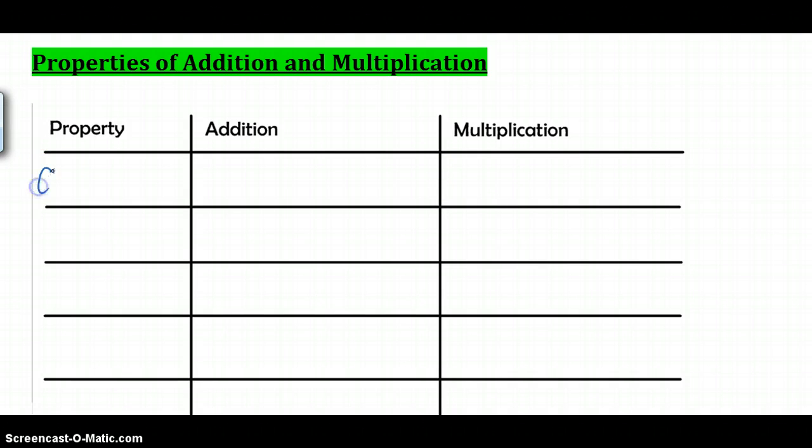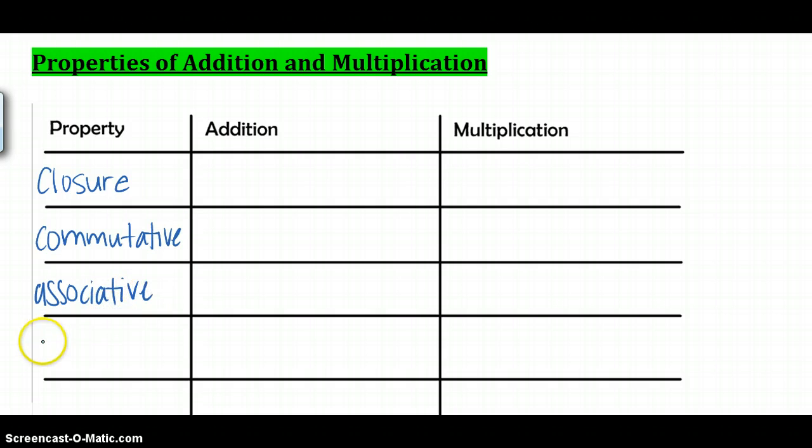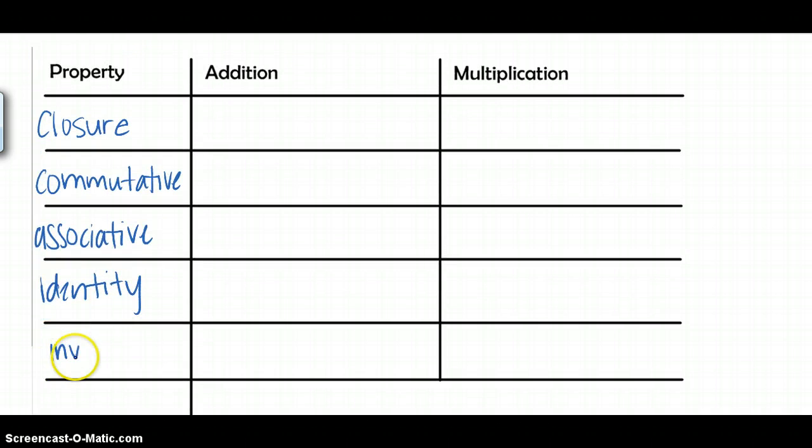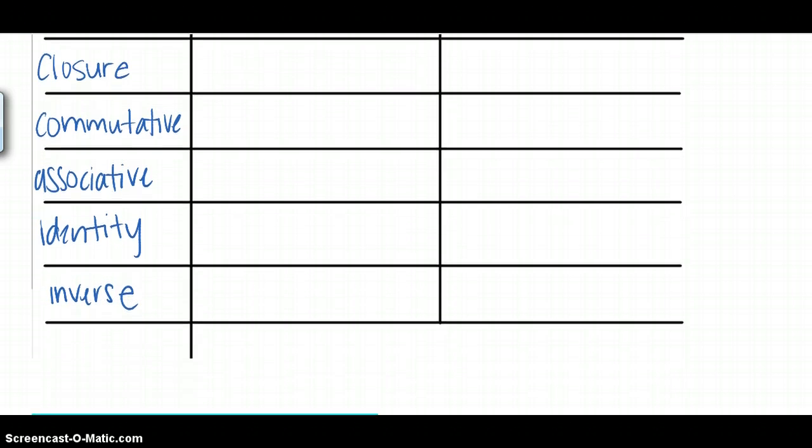We have closure, the commutative property, the associative property, the identity property, and the inverse property. And then at the bottom, put distributive property.